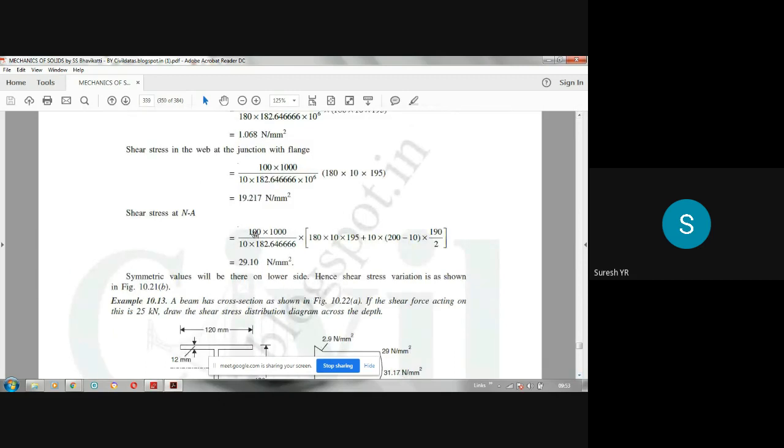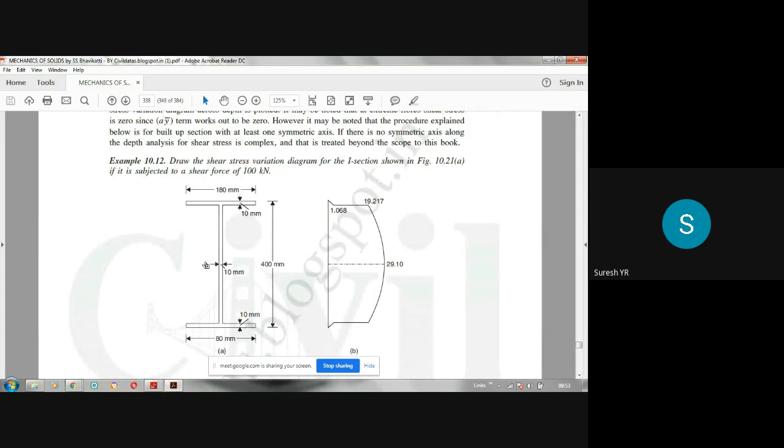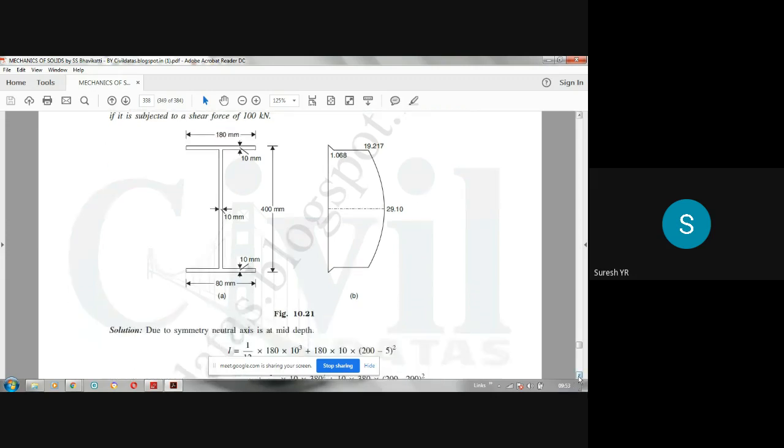At the neutral axis, the width is B, and B is 10 here. Because it lies in the web portion, B we have to take 10.